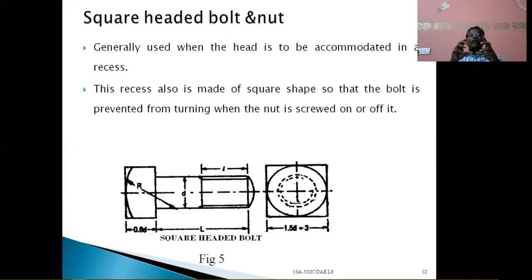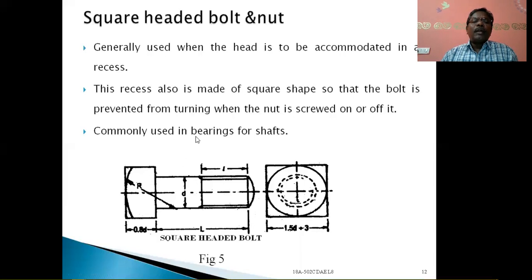Thereby, it will prevent the turning or rotation of the bolt when the nut is screwed on or off it. So that is the main idea.